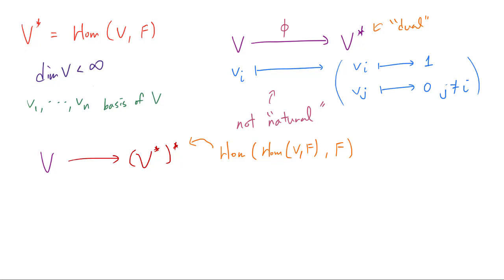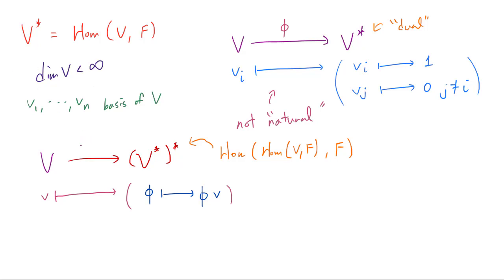And for this, I claim that you have a really nice, beautiful isomorphism given by sending a vector v to a map in V double dual. This map is going to take something in Hom(V, F), so something in V dual, as the input, and it should output something in the field. We can do so by simply applying phi to v. So we simply return phi(v), and because phi was in Hom(V, F), this thing is going to be an element of the field as we desire.